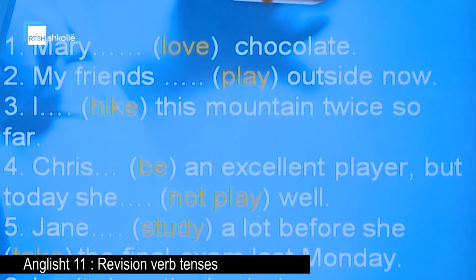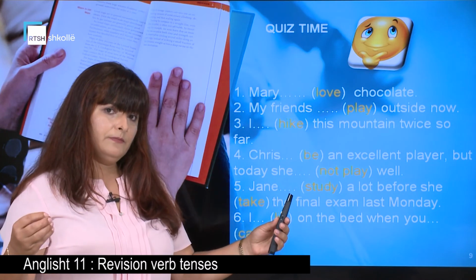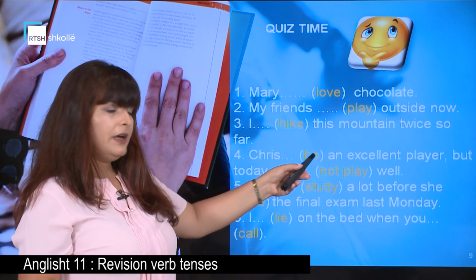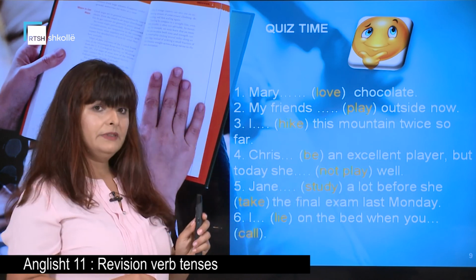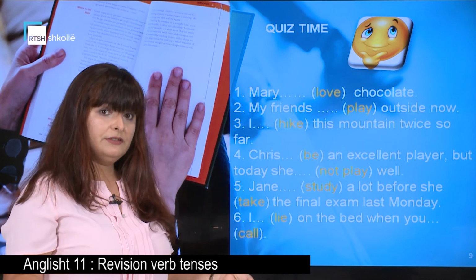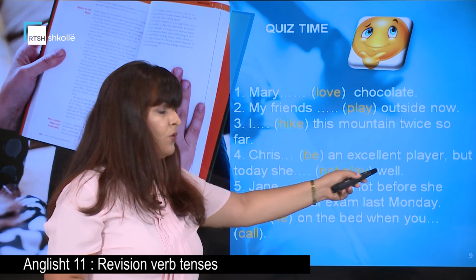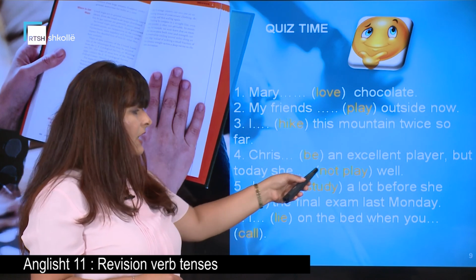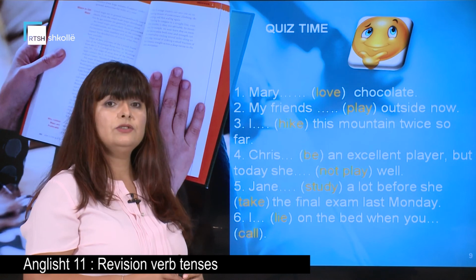That means that Chris, generally speaking, is an excellent player. But today, a temporary state, different from the other days, she is not playing well. So, is is present simple, is not playing is present continuous. Two tenses used in the same sentence.